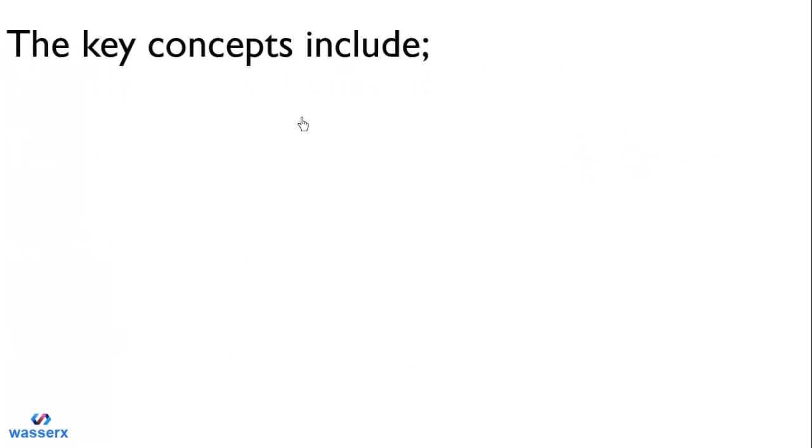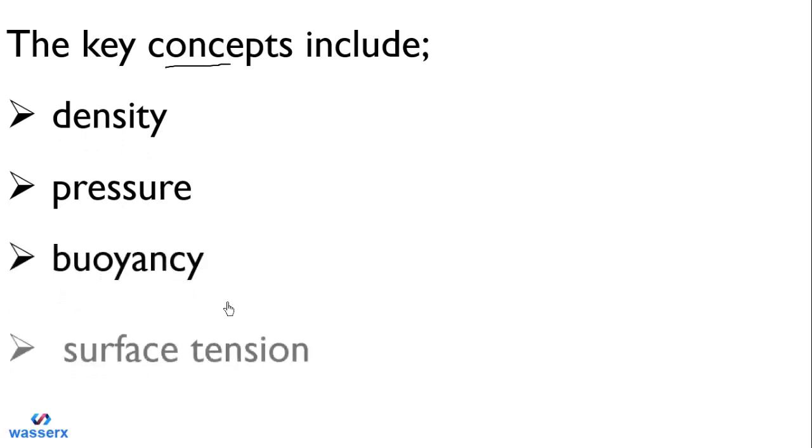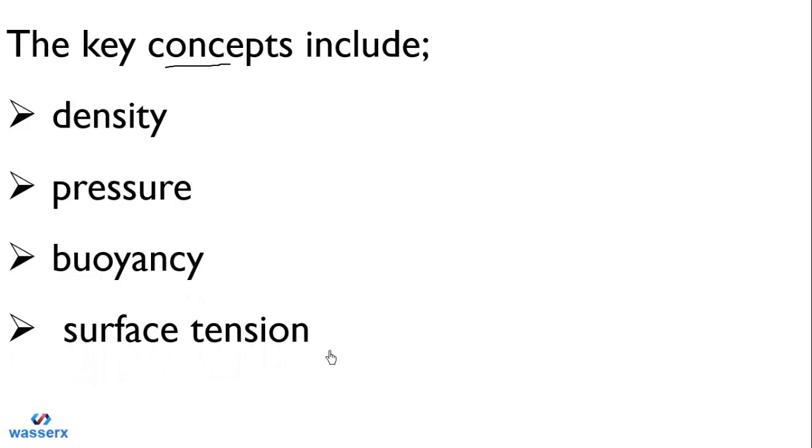Now, under fluid at rest, we are going to consider some key concepts: the density, the pressure of fluid, then buoyancy in fluid, then surface tension of the fluid. In this particular video, we are going to consider the density and pressure, then later on we'll look at buoyancy and surface tension.